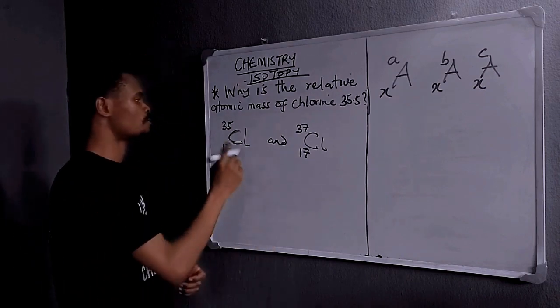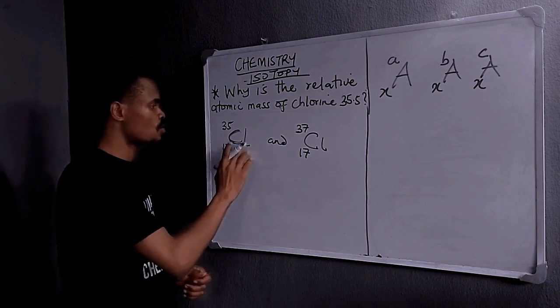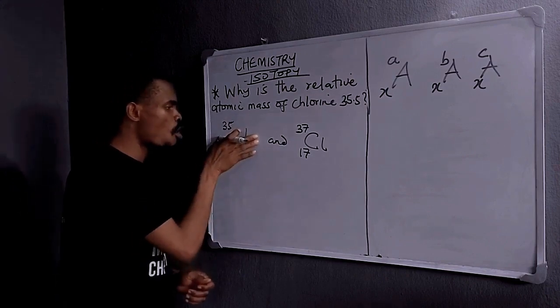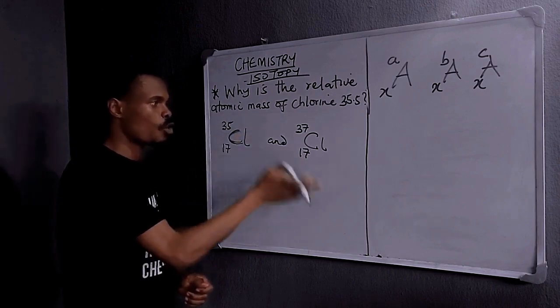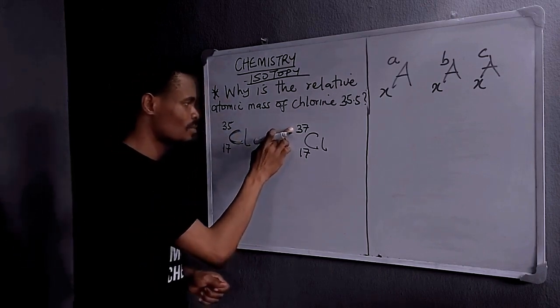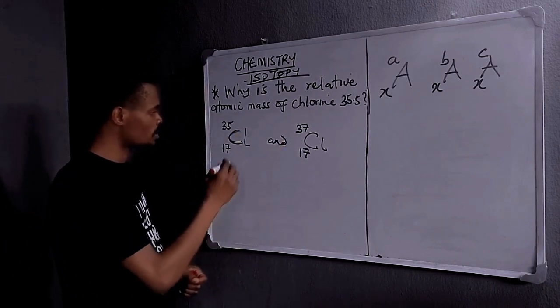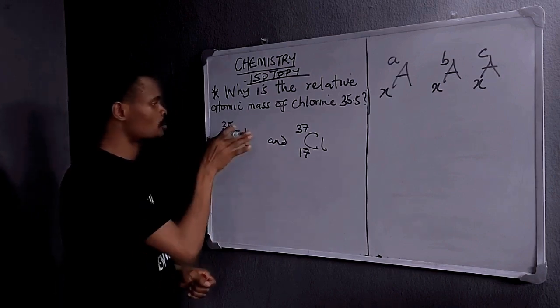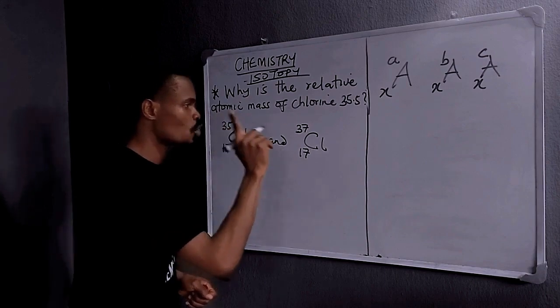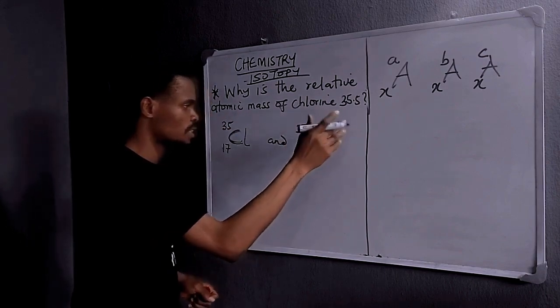The first one is that we simply have more of the chlorine with relative atomic mass 35 compared to the 37. For 35, we have about three times as much, and just one portion of chlorine 37.